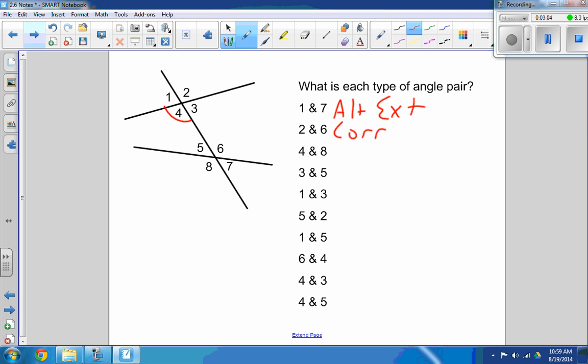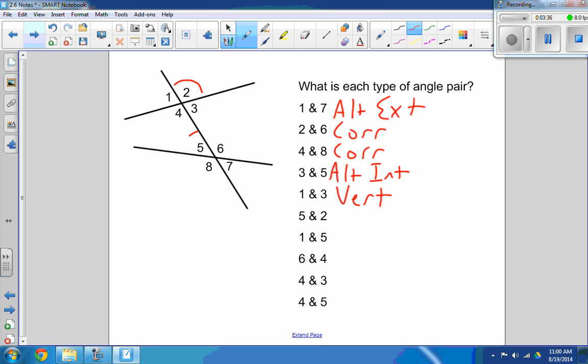Angle 4 and 8, corresponding. Angle 3 and 5, alternate interior. Angles 1 and 3, that's not one of the three we've introduced in this lesson, but we should know previously that those are vertical angles. Again, I'm abbreviating.